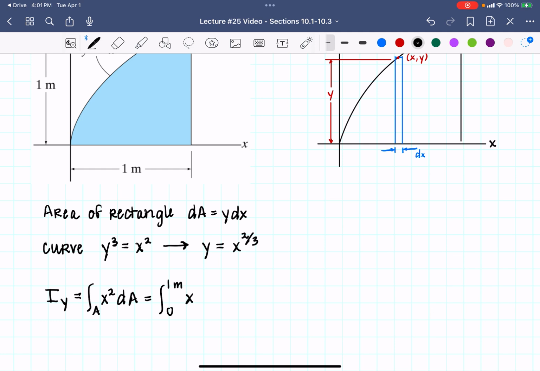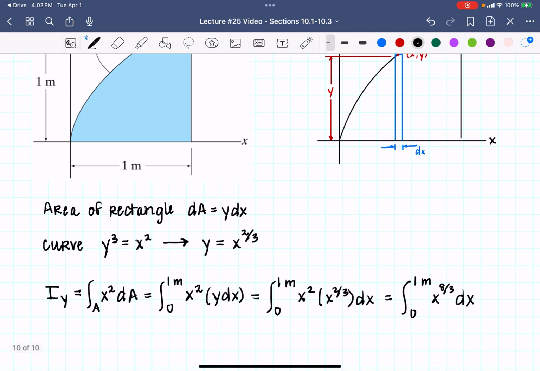I'm going to have x squared times dA, which is y times dx, and I can plug in what y is: from 0 to 1 meter, x squared times x to the 2/3 dx, which equals the integral from 0 to 1 meter of x to the 8/3 dx, because 2 plus 2/3 gives you 8/3.